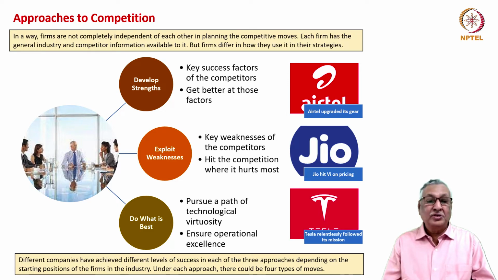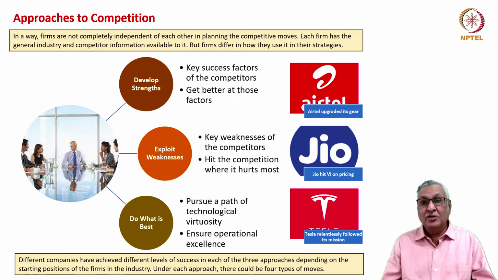The third approach is to do what is best. That is, be focused on the company's strengths and pursue a path of technological virtuosity. You do not so much bother about the industry's evolution or the firm's competitive moves, but do what you think is the best for the company and for the industry as well as the stakeholders. Tesla, which started on the electric vehicle mission almost 10 years ago, is conforming to this template.